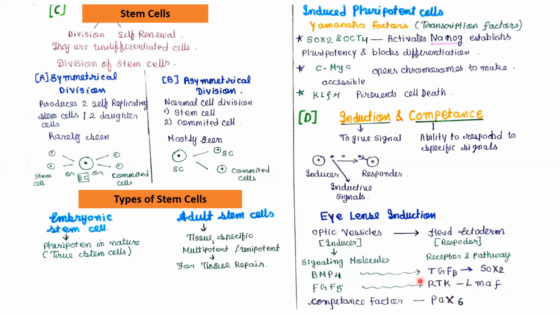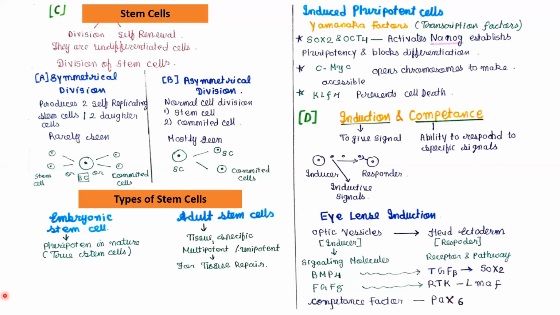These are both transcriptional factors, and one competence factor is also present in the responder cell itself. PAX6 is the competence factor, and mind well, it does not come from inducer cells. It is already present in the responding cells.